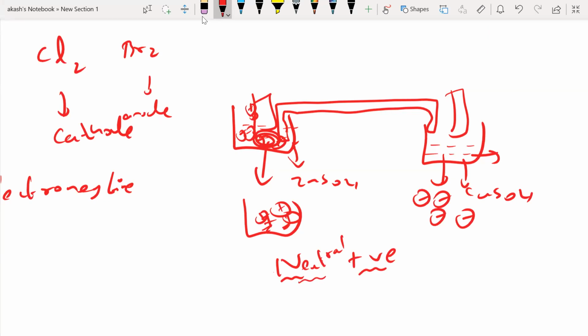Yes, absolutely right, because a positive species already has a deficit of electron. So removing more electron from a positive species is very difficult, more difficult than from a neutral species, because a neutral species is neutral, I can remove electron.